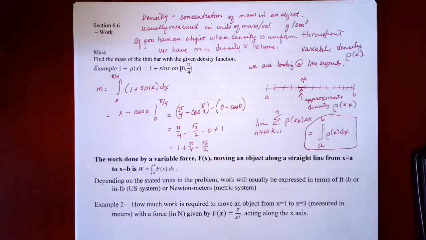Specifically, when you're talking about work done by a variable force. Because if you're talking about work done by a constant force in the direction of motion, it's just force times distance to find work, right?